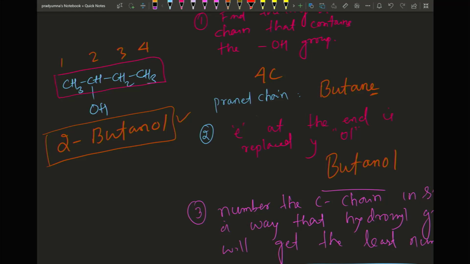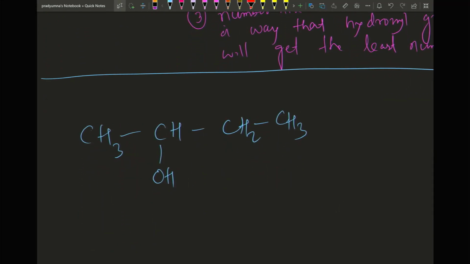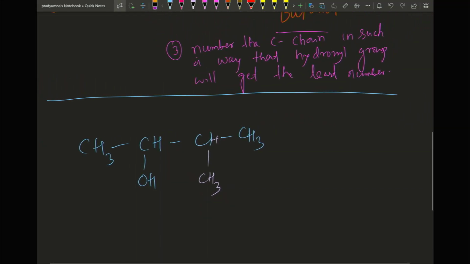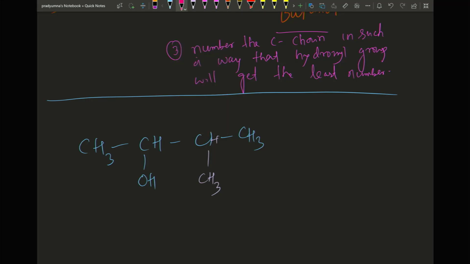Okay, let's do one last example, which will be a little bit harder. Okay, let's do this. CH3. So what is the longest chain that contains the hydroxy group?